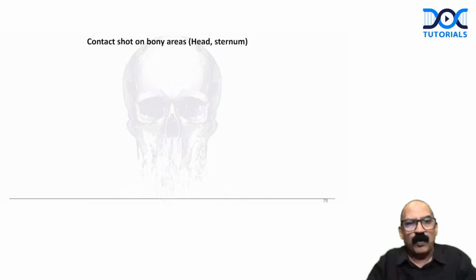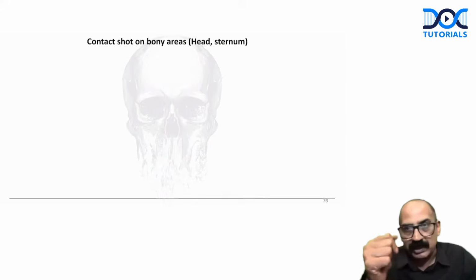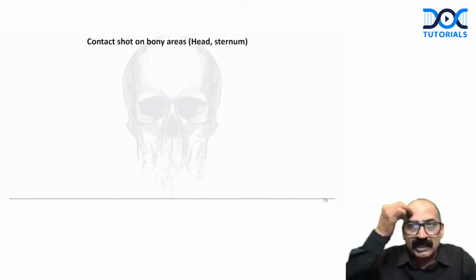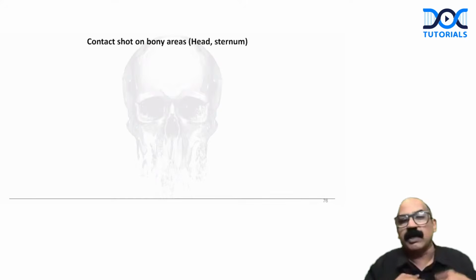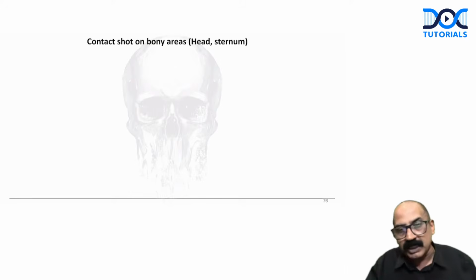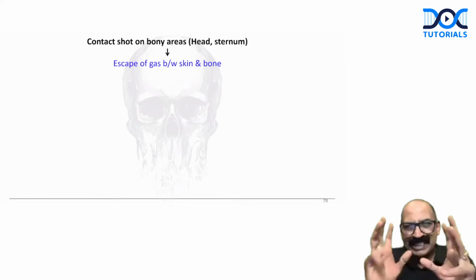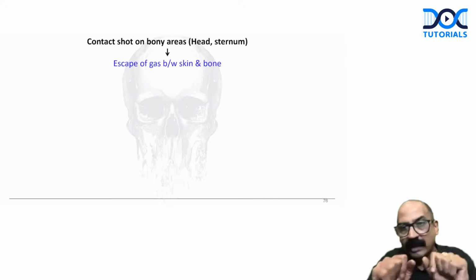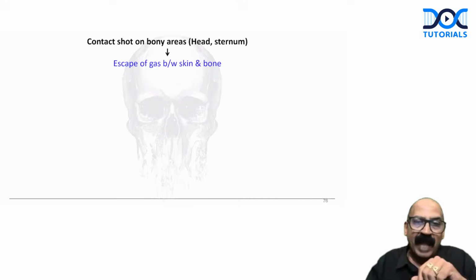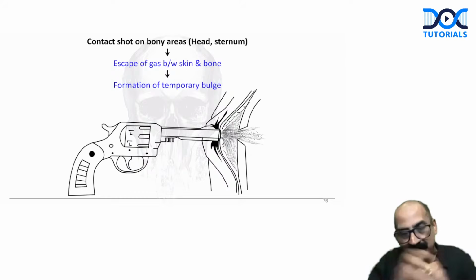Okay. Now, contact shot on bony areas like head and sternum. You can see there is loose irregular tissue. Even on the sternum, you can get the looseness. When the person fires, the maximum amount of the gases will pass through the wound tract, but some amount gets leaked and forms a temporary bulge.